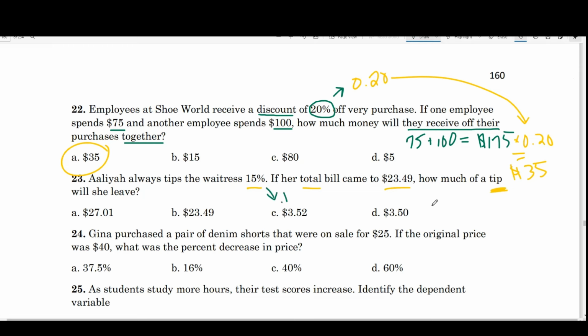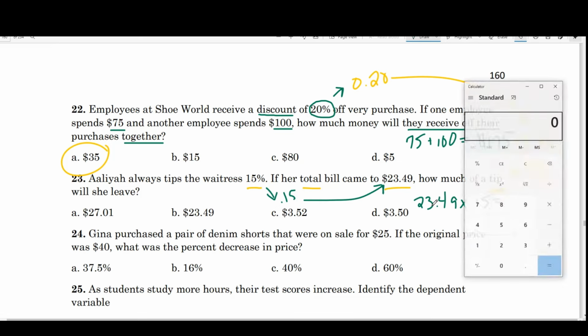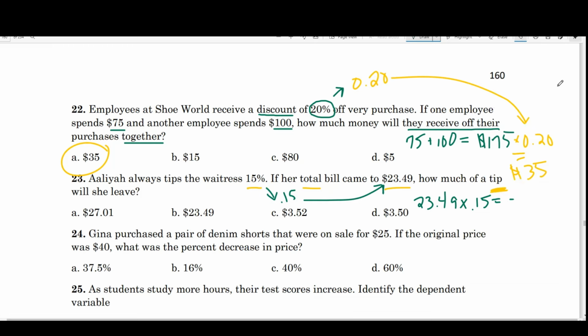That gives us 0.15. And then we're going to multiply that times this. That's 3.52, which would give us C.